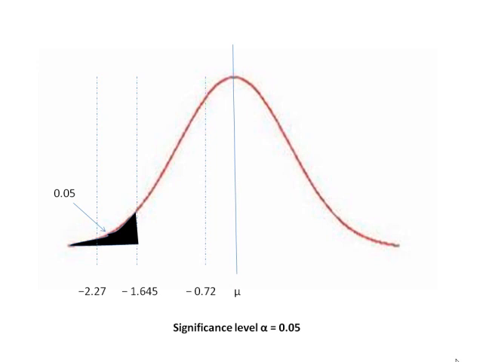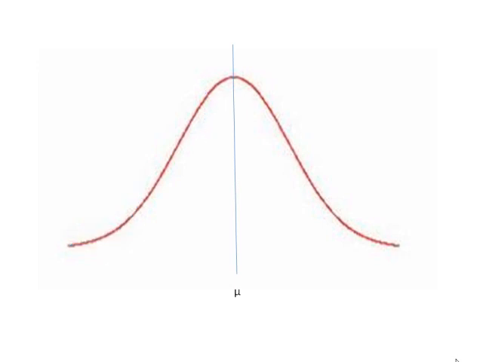And then again, the same works for a right-tailed test. So in a right-tailed test, the z critical value is 1.645. That's the z value that has 5% to the right of it. So again, my significance level is 0.05.